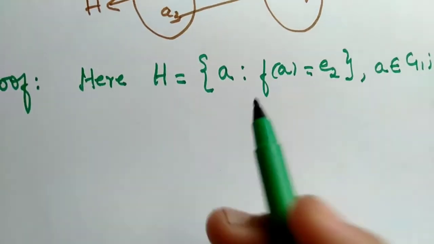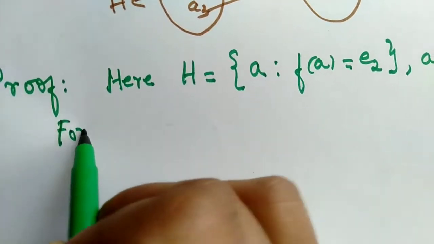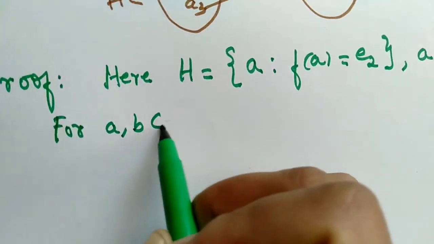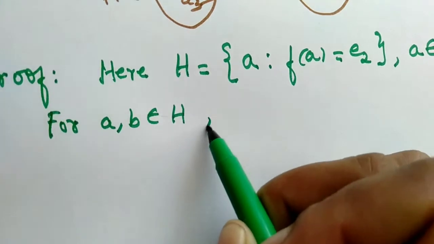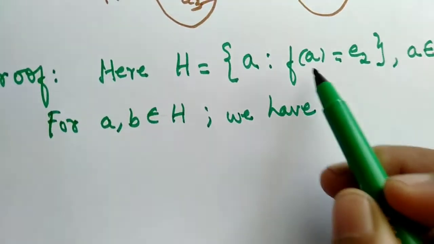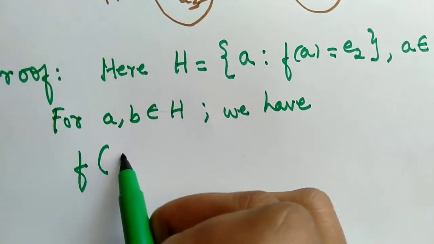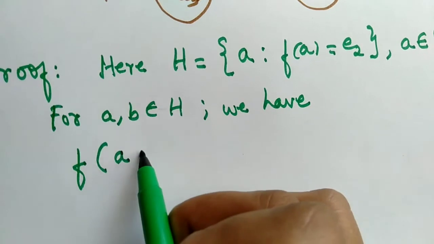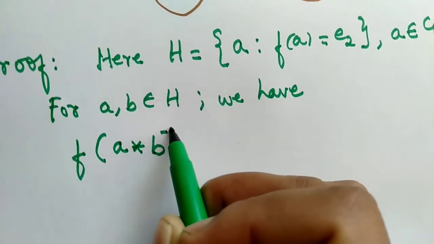Okay, so let's start. Now for A, B belonging to H, we take elements A and B from H. We have F of A star B inverse.